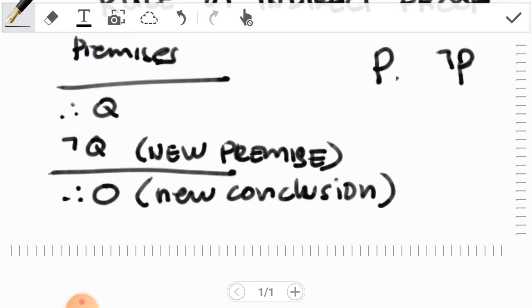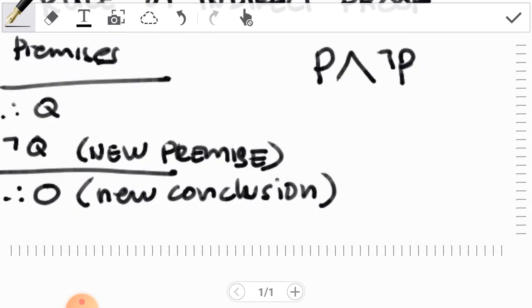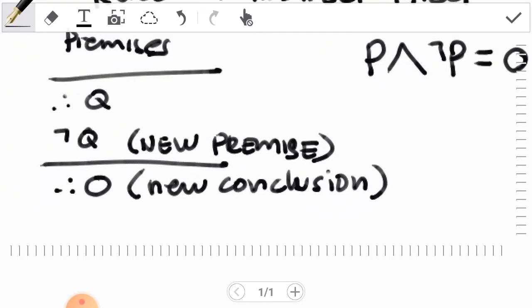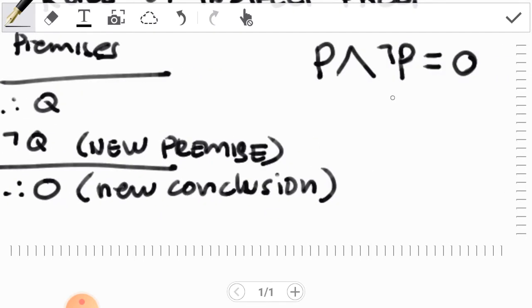Because when we combine P and not P together, this will be equivalent to our false value 0. And where did we find this? We have this under the identity rule.